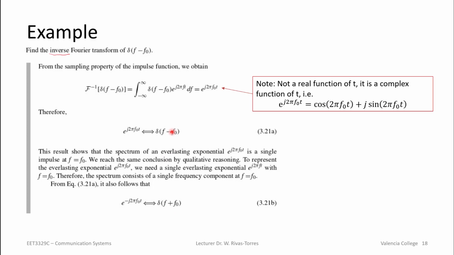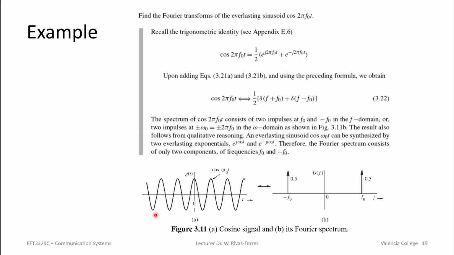Instead of shifting it to the right, if you shift it to the left, with minus f0, you still end up with a complex signal in the time domain, but now with a different phase, because you end up with minus j sine of 2 pi f0 t.